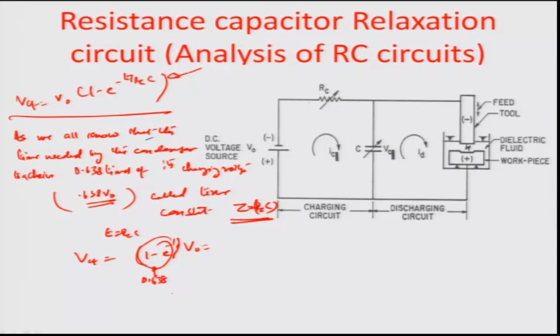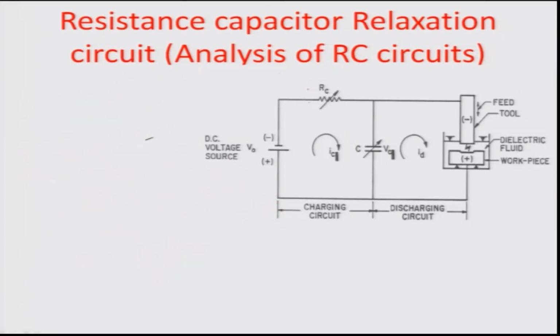So, that is how you can actually find out from this RC value, the capacitance of the condenser times the variable resistance of the charging circuit, what is the time constant involved in the charging part of the circuitry.